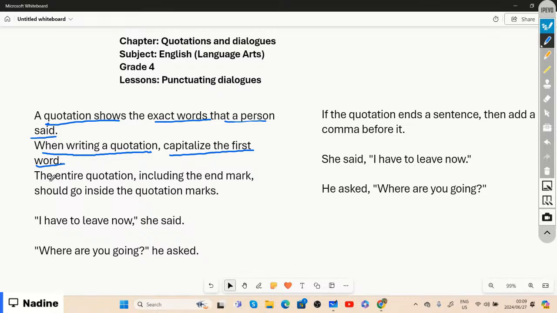All right. So the entire quotation. Remember, quotation marks are these two signs. Then you have your conversation or your sentence or whatever the person is saying, and then you close the quotation mark. So we open quotation marks, and we also close quotation marks.